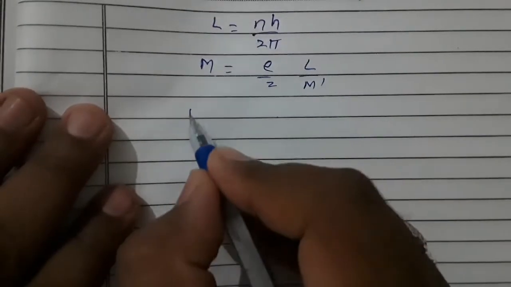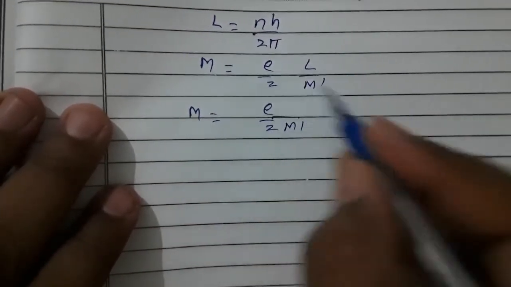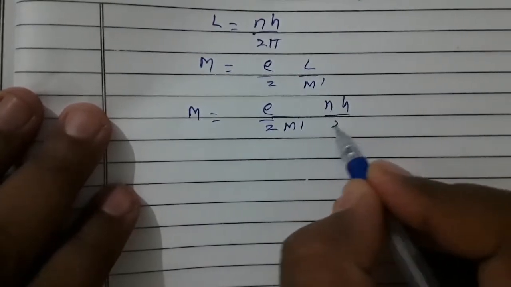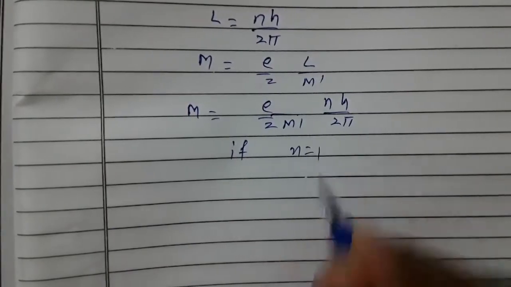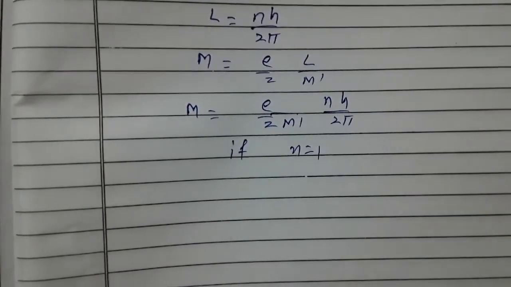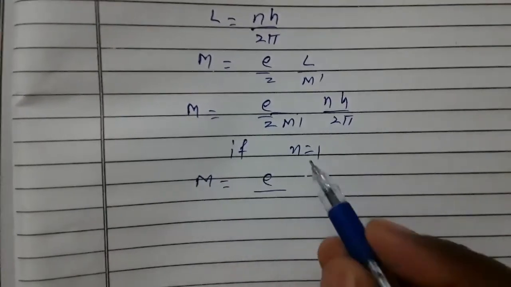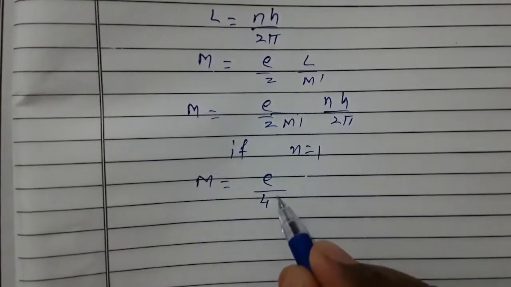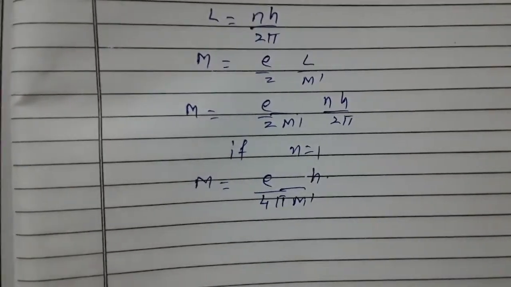Now we can put the value of L as nh upon 2 pi. Here if n is equal to 1, then M is equal to eh upon 4 pi m dash.